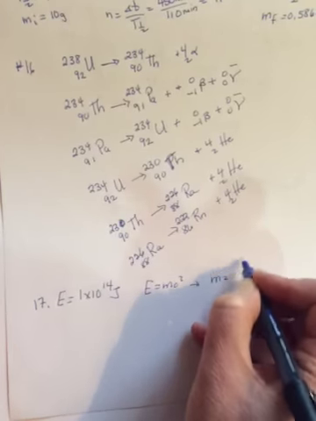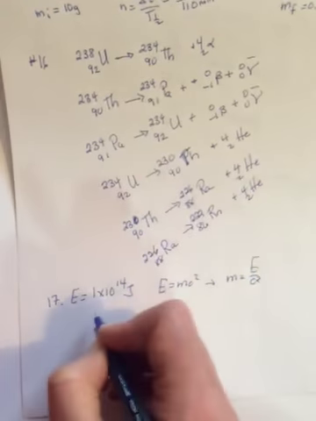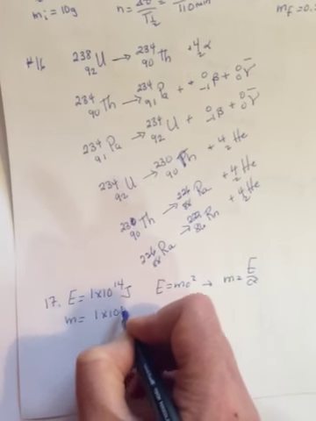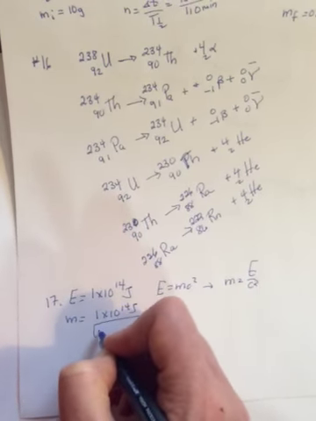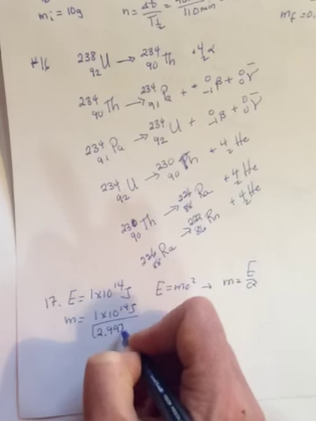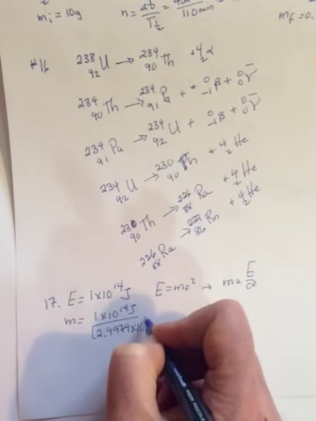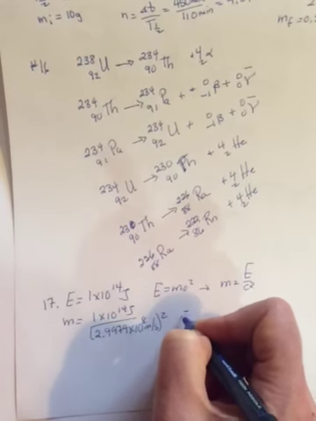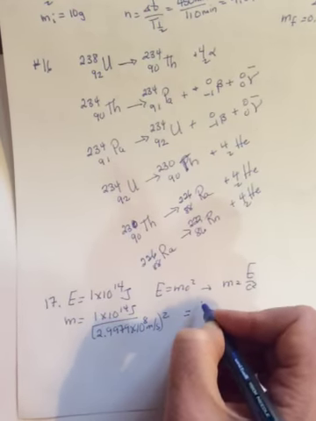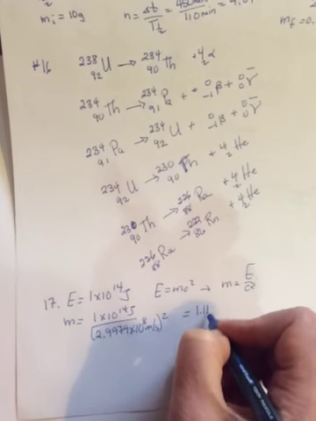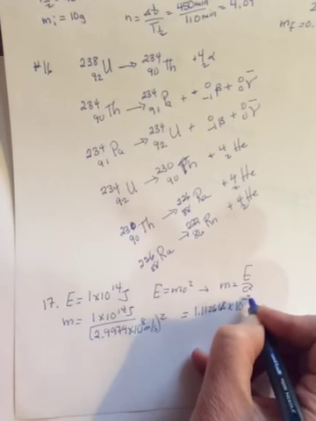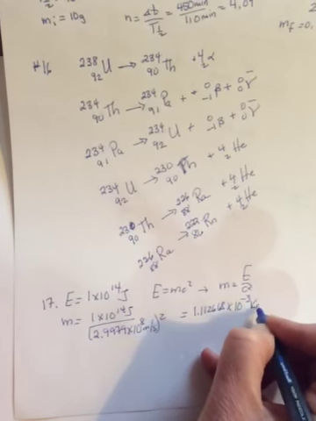So M should just be equal to E over c squared. So M should be equal to 1 times 10 to the 14th joules over 2.9979 times 10 to the 8th meters per second, squared. And when you do that, you should get an M of 1.112668 times 10 to the negative 3 kilograms.